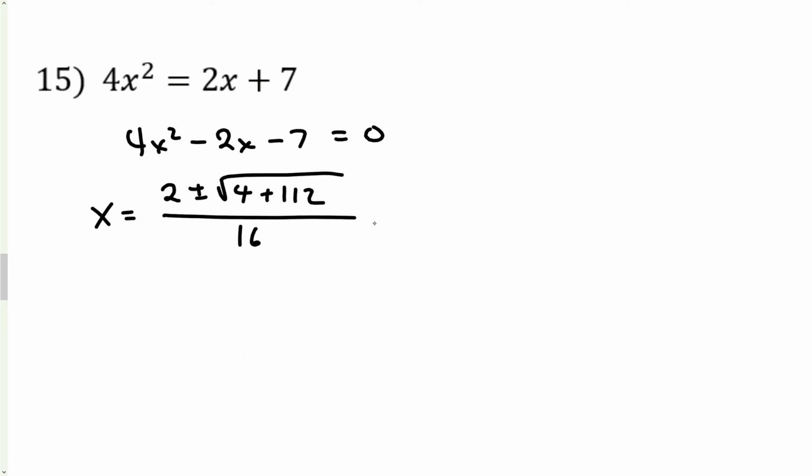Okay, so this gives me 2 plus or minus the square root of 116 over 16. Okay. Now, let's think about whether or not the square root of 116 actually simplifies.